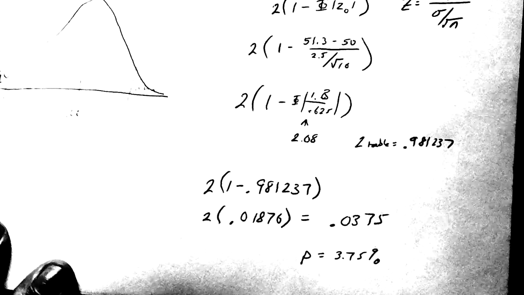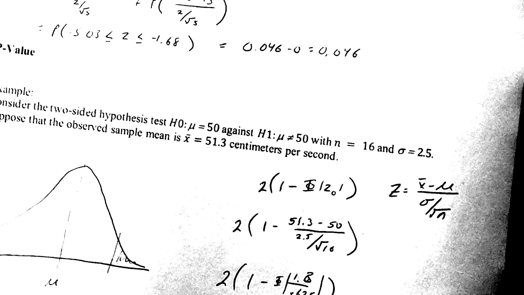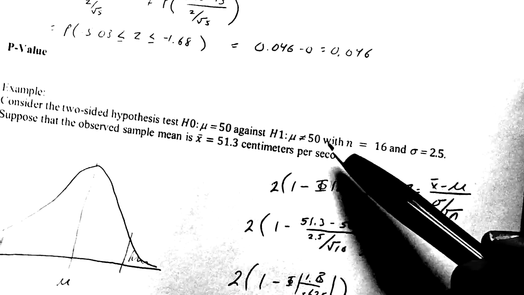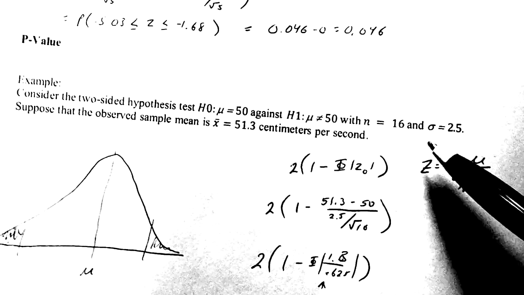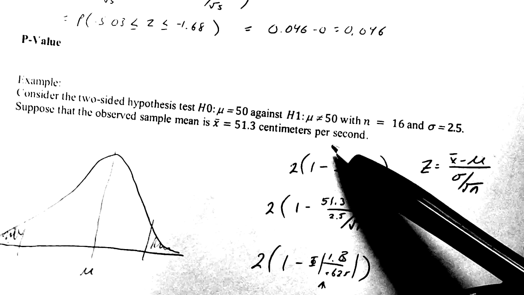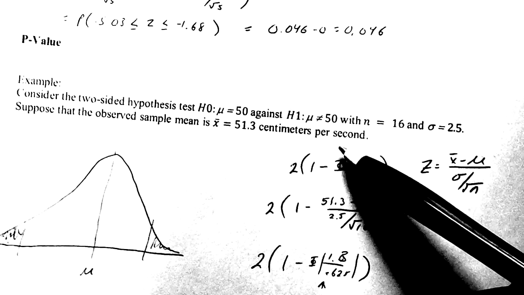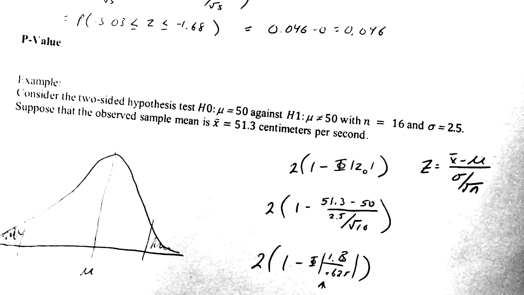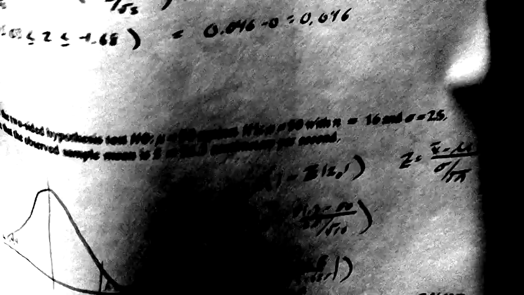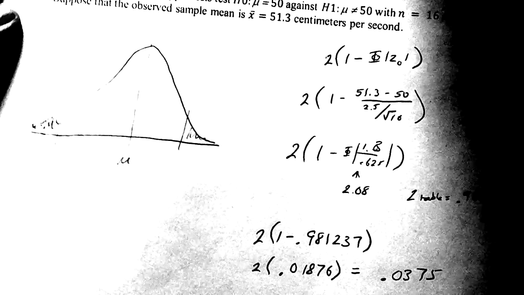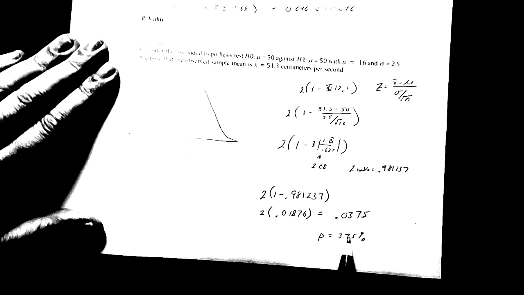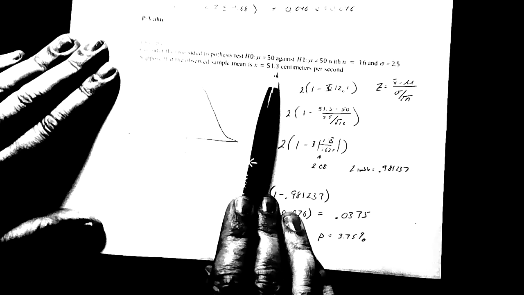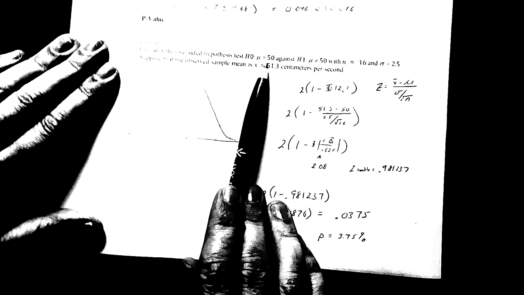So based on the given true mean of 50 and a sample size of 16 and a standard deviation of 2.5, if your observed sample mean was 51.3, we're looking at only 3.75% of your data points are going to give you an x bar of 51.3 and accurately represent that 50 mu.